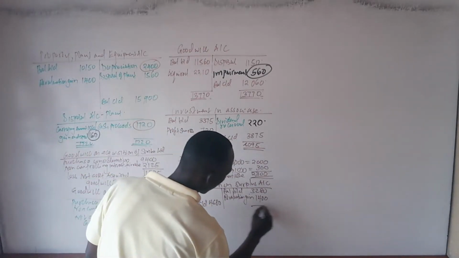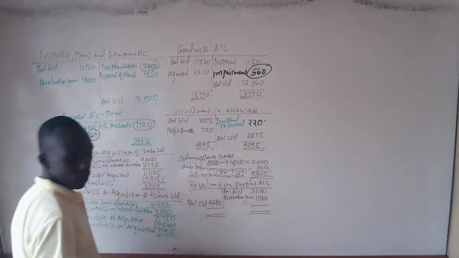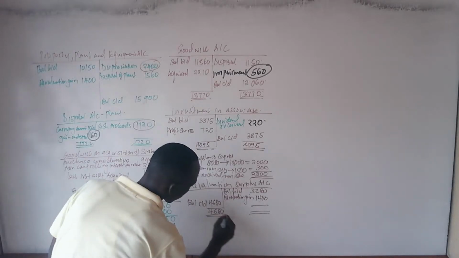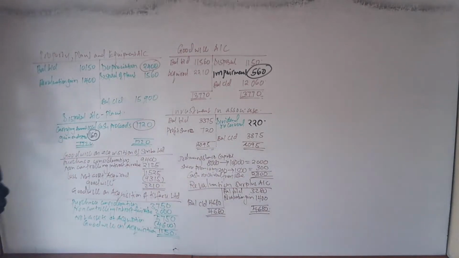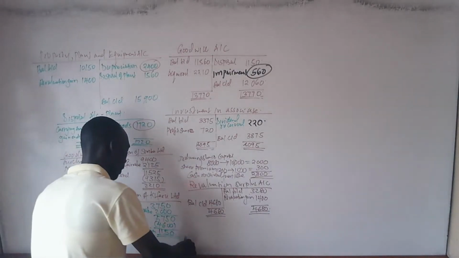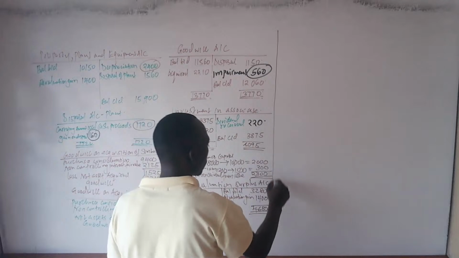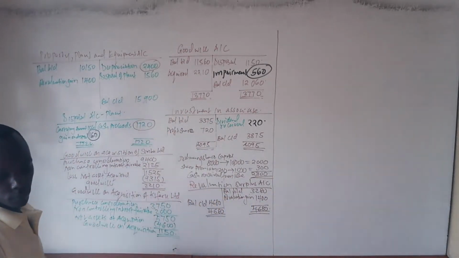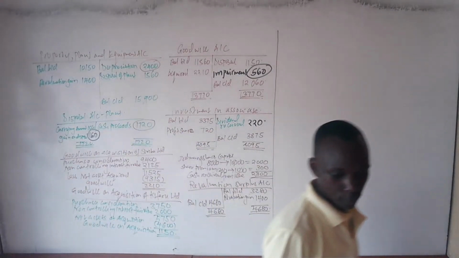When you accumulate, you get the same 4680. Yes, in most cases under revaluation, there is nothing to explain. Where does the revaluation go? Property, plant and equipment.